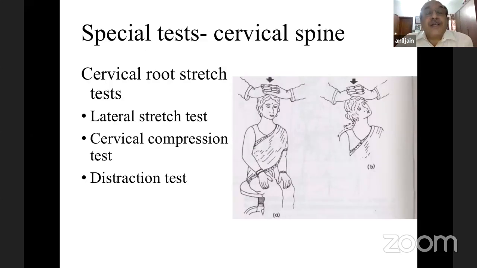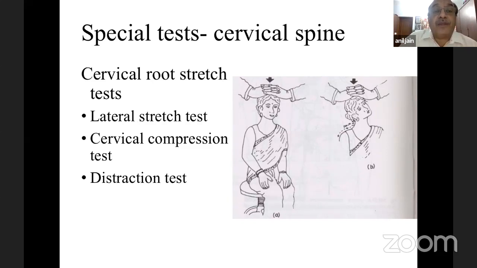Now there are certain special tests for cervical spine and for lumbar spine, and these tests are for disc diseases, and hence these tests are only to be done, particularly for cervical spine, when you have ruled out other causes and you are nearing a diagnosis of a cervical disc disease. They are called cervical root stretch tests. What they are: you compress, and in a discogenic pain of a cervical disc, pain will increase, or distract the head up, then pain relieves, or turn the head and give a lateral pressure, that is the lateral stretch test.